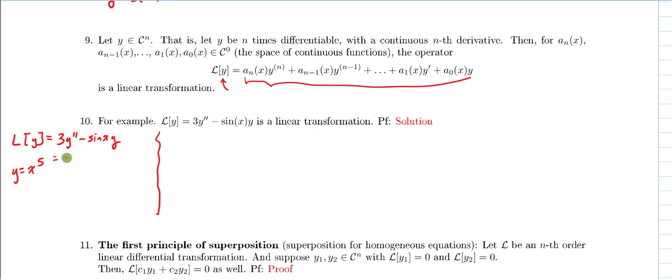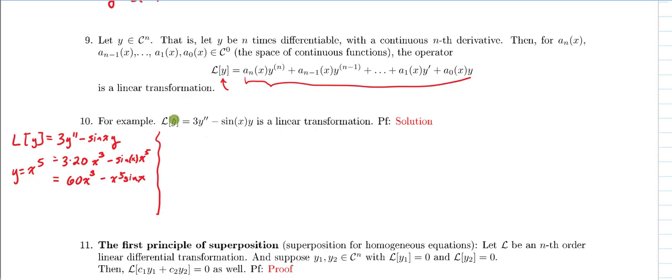And so what I would do is just go ahead and do these operations to my function y, and if I did so, this would be 25 times 4, 20, so 3 times 20 x to the 3rd minus the sine of x times x to the 5th, where I replaced the y here with x to the 5th, and I replaced the y double prime here with the second derivative of y. And we got this new function, in this case 60x to the 3rd minus x to the 5th sine of x.